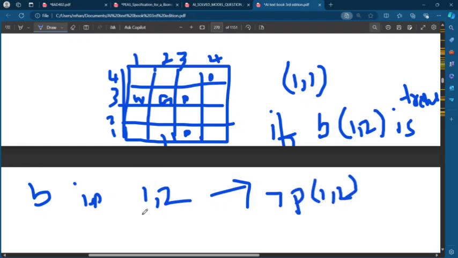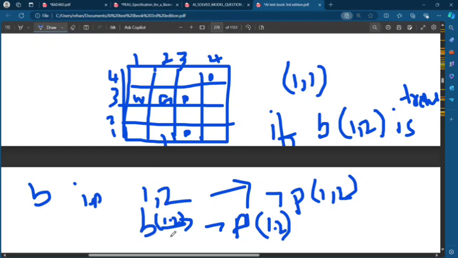So B implies negation P. Here also you write in the bracket 1 comma 2. Understood, right? So B of 1 comma 2 implies negation of P of 1 comma 2, which means if there is breeze in 1 comma 2, then there is no pit in 1 comma 2.